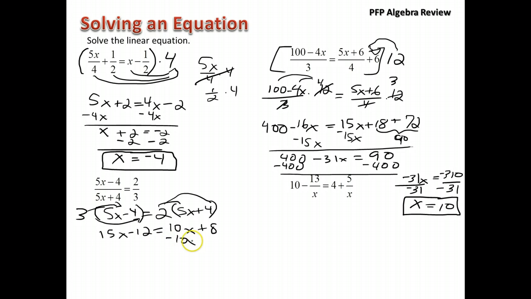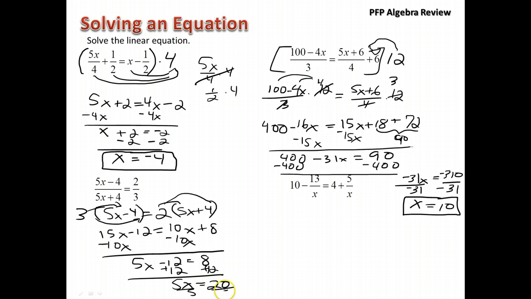Subtract the 10x to get 5x minus 12 is equal to 8, and add the 12. You do the opposite operation, and we end up with 5x equals 20. Divide by the 5 to get that x is 4.